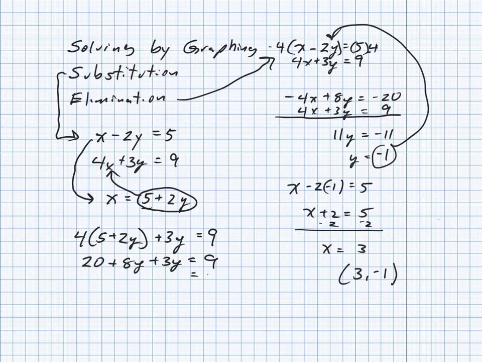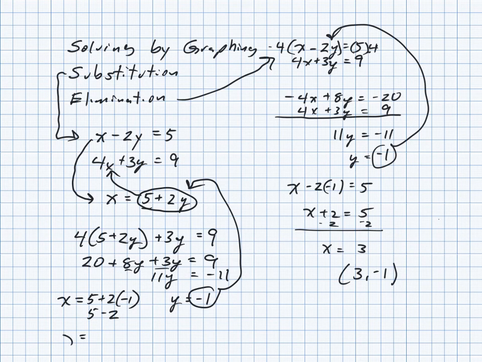That's going to give me negative 11 over here, and then I add the 8y and the 3y to get 11y. y equals negative 1. If I take this negative 1 and substitute it into the first equation, I get x equals 5 plus 2 times negative 1, which is 5 minus 2, which equals 3. Again, write it as an ordered pair: 3, negative 1. The exact same answer we had using elimination.